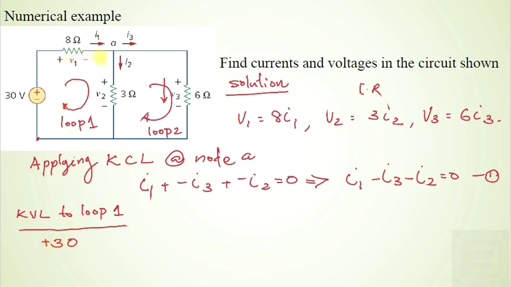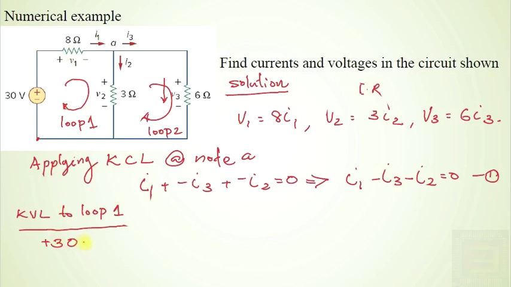Now if you are traveling in this direction, you are meeting a drop in potential because you are moving from a positive polarity to a negative polarity. And this V1 is the voltage across the 8 ohm resistor. So when you travel from this node to this node in traversing loop 1, you are meeting a drop in potential.